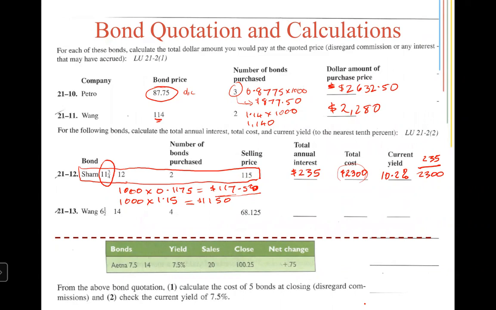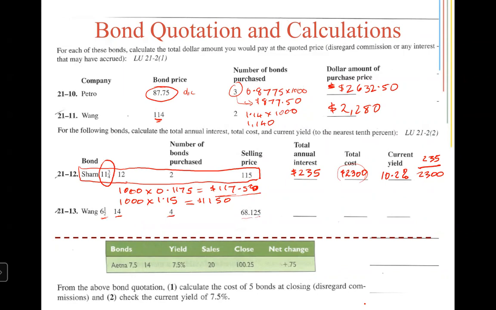Okay, 10.2%. All right, I want you to do the next one. So we have Wang. The interest rate is 6.5%. It matures in 2014. They are purchasing 4 bonds. The selling price is 68.125%.